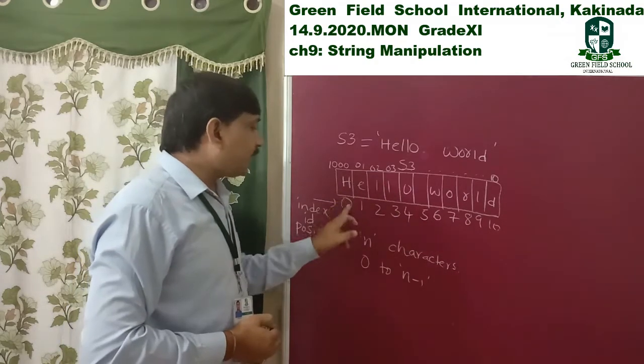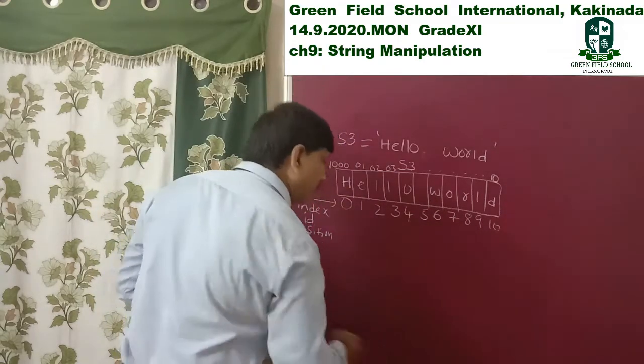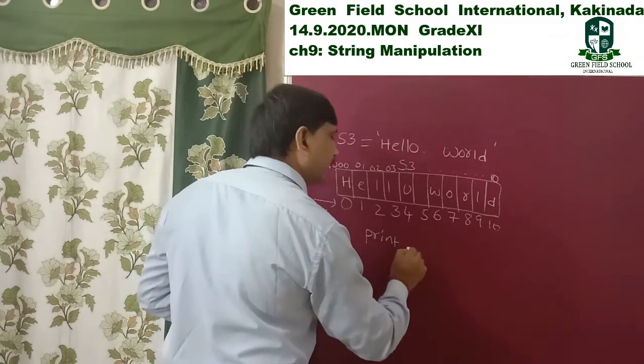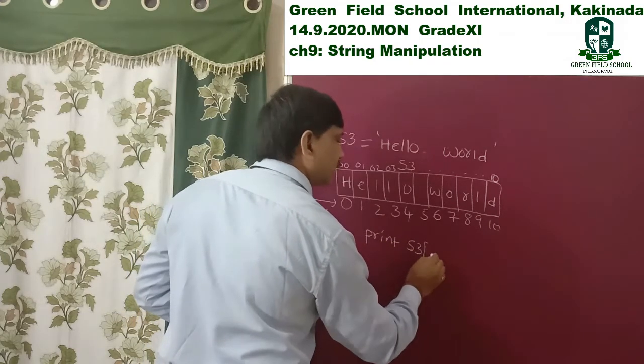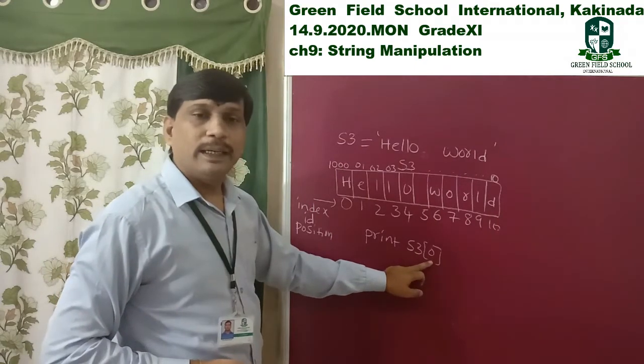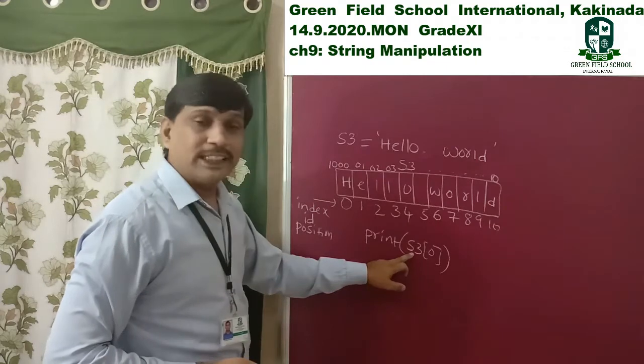Suppose I print S3 of 0. To print it, I write print S3 of 0. This is the index. S3 is a string variable.